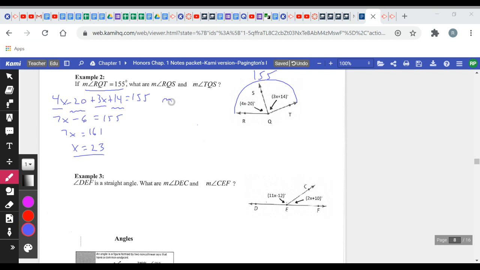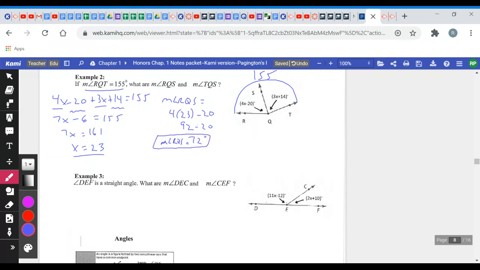So I can see that the measure of angle RQS is equal to 4 times 23 minus 20, and that gives me 92 minus 20, which gives me 72. So measure of angle RQS is equal to 72.